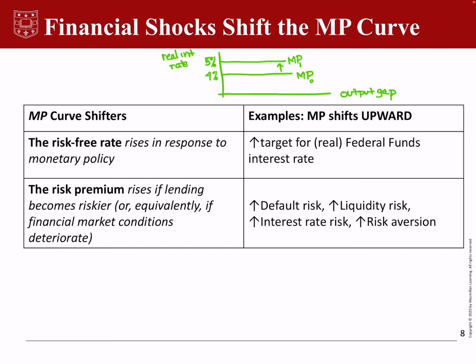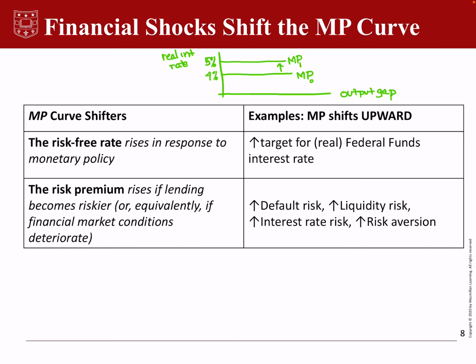From the perspective of the lender as a bank, when inflation turns out to be higher than expected, the bank is getting a lower real return as a result of lending. And so the longer the duration of the loan, the more likely it is that inflation is going to turn out to be different from what was predicted, simply because it's harder to predict the farther into the future we go. This problem is what's known as interest rate risk.